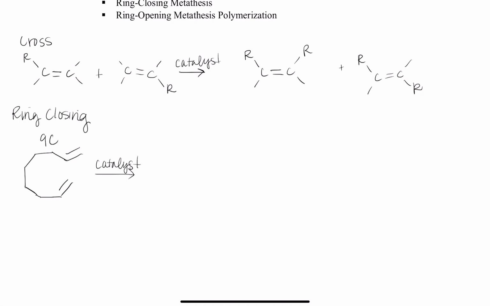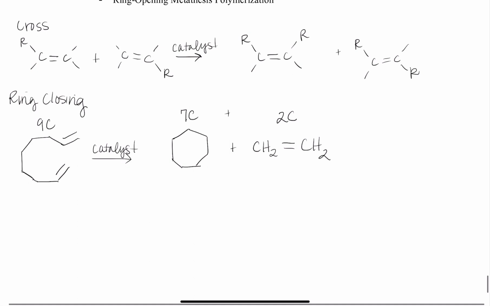And essentially, what Schrock and Grubbs can do is close the ring, and now we have 1, 2, 3, 4, 5, 6, 7 carbons plus our 2 other carbons. So our final product still equates to 9. We just closed our ring.